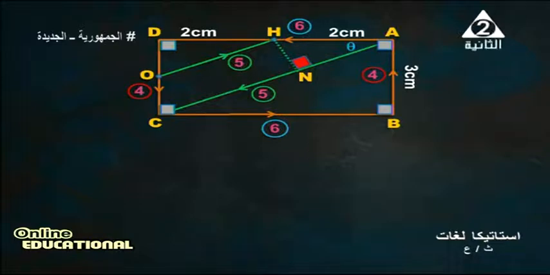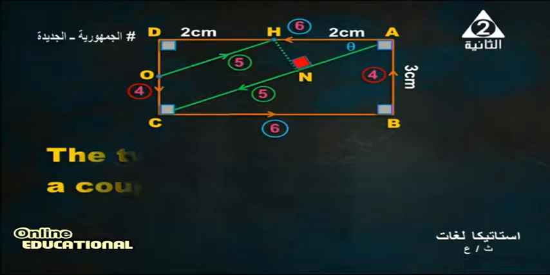We can calculate sine theta from the triangle. Excellent student. Look, measure of angle DAC equals measure of angle ACB by alternate angles. What is the sine? Opposite over hypotenuse, AB over AC, equals 3 over 5.